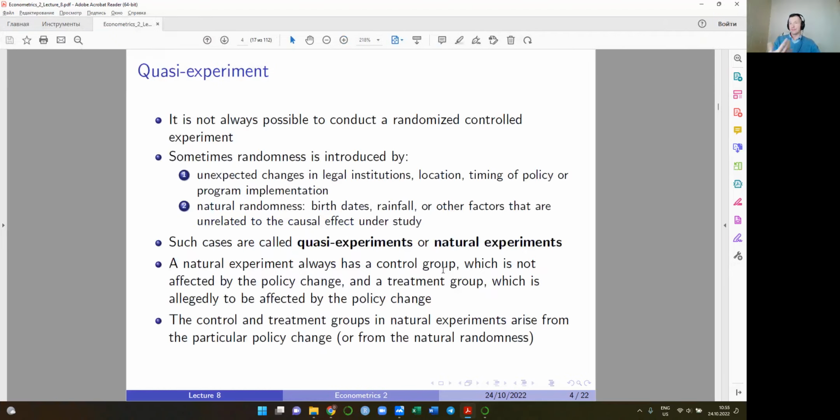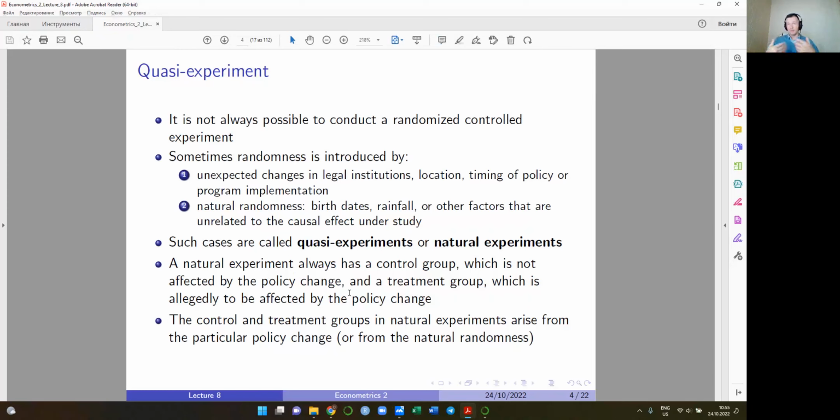Okay, so this is the initial thing, and when you read some papers in econometrics, in applied econometrics, you usually have a long explanation about the empirical setting, some institutional explanation probably, that is done in order to provide a reader with the understanding of this setting.